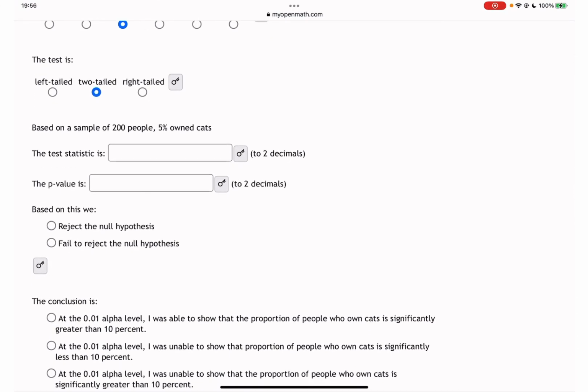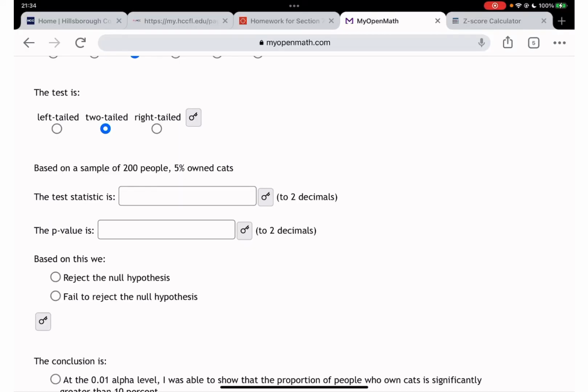Next, based on a sample of 200 people, 5% owned a cat. So let's see, we need to calculate this. To solve this problem, let's write out the given data. We have sample size 200 and 5% owned cats.